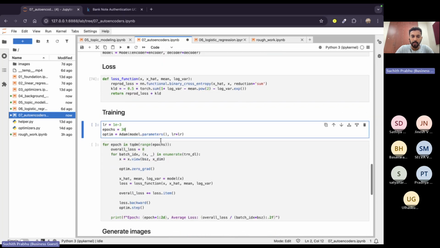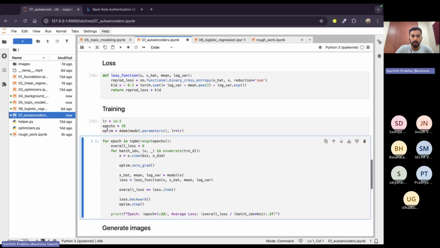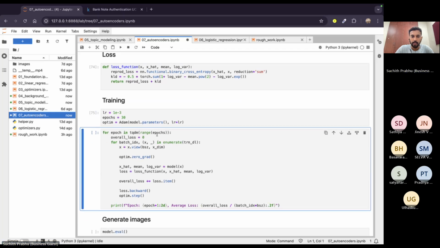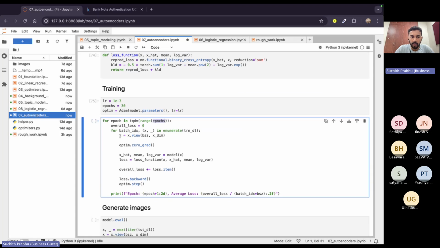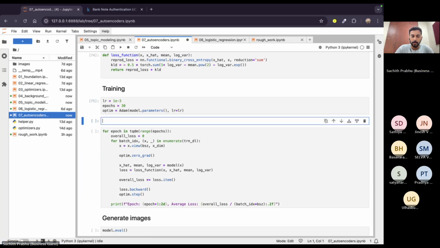So again, we'll use the same procedure. We'll define an optimizer, learning rate, and we'll run this for 30 epochs. So what we are doing is we are taking this image X, and resizing it, because we saw the size of the image when we looked at the data set.